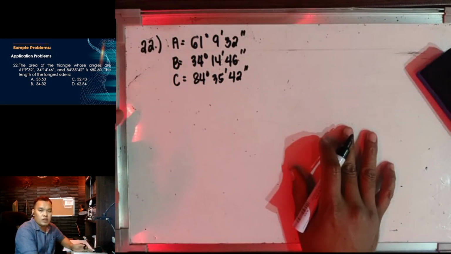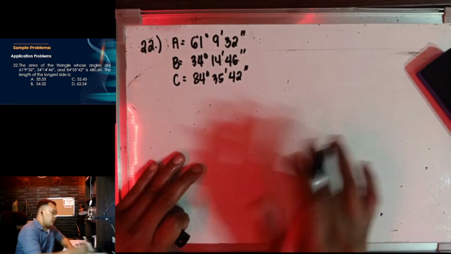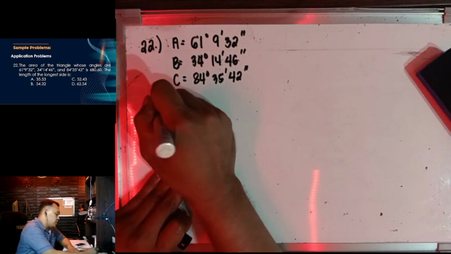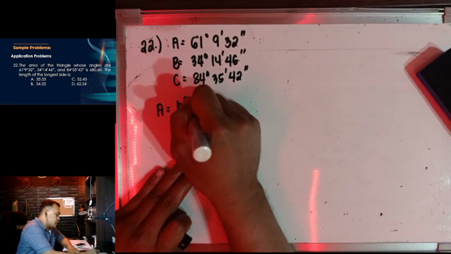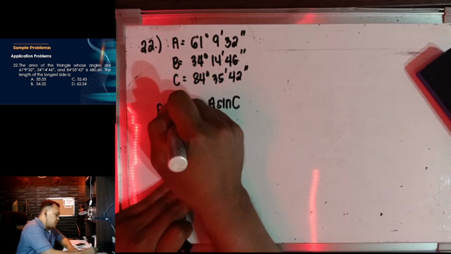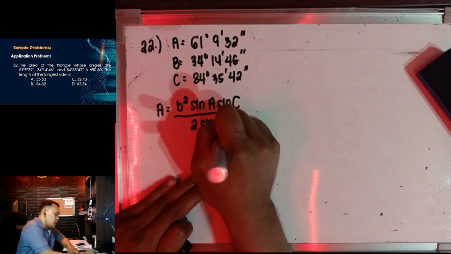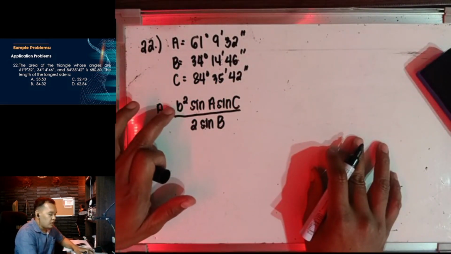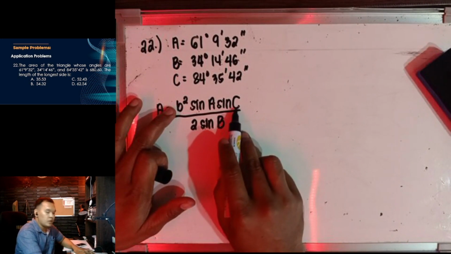And we have a formula for given the three angles of a triangle. Okay, so we have the formula A is equivalent to B squared sine A sine C all over 2 sine B. Or if you replace this with values, for example if the given is C, it will just be sin C, and then here sin B.